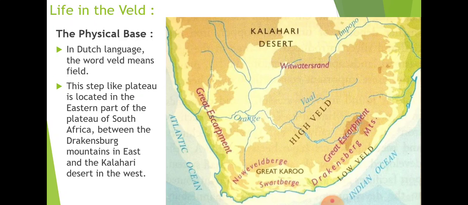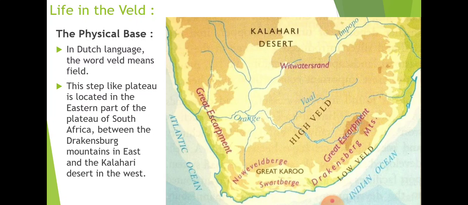A range of hills known as Witwatersrand, with an average altitude of 1700 to 1800 meters, runs through the veld. Now you can see the map pasted in the slide as well as in your book.